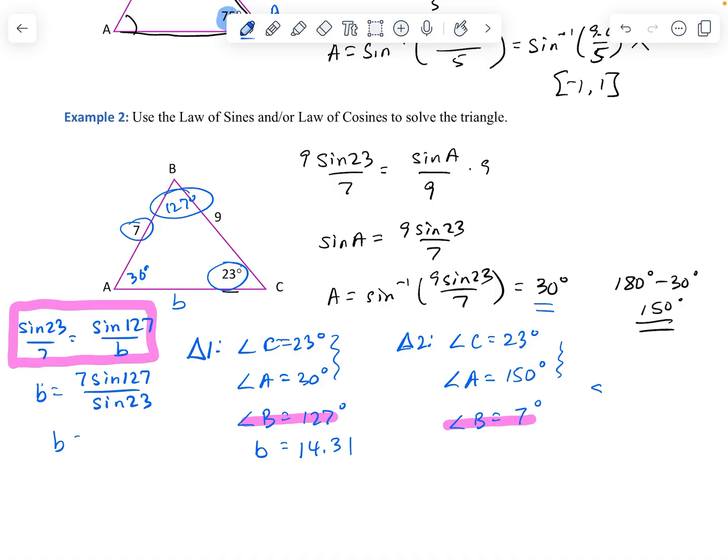So sine of 23 over 7 is equal to sine of 7 over B. I might sometimes use a prime. Just FYI, prime just means the second triangle. I'm going to cross multiply and solve, and eventually I'll get B prime to be 7 sine 7 over sine of 23.